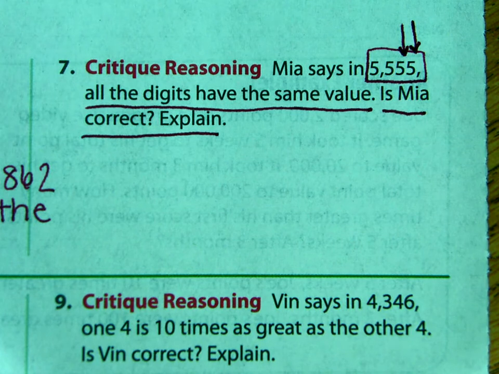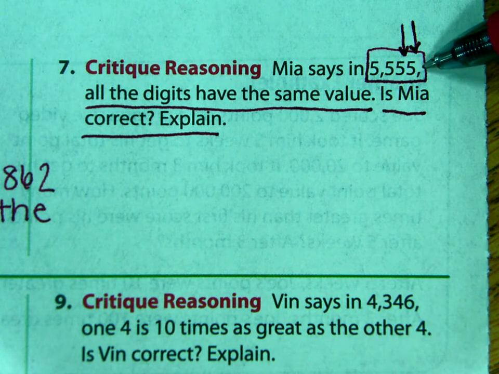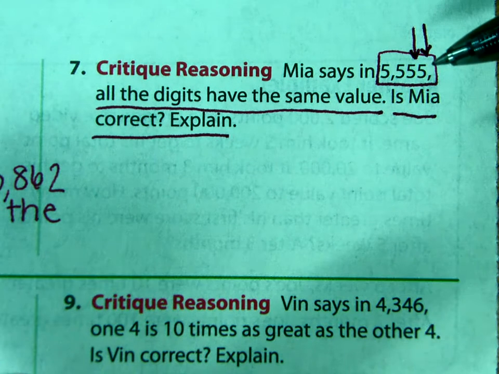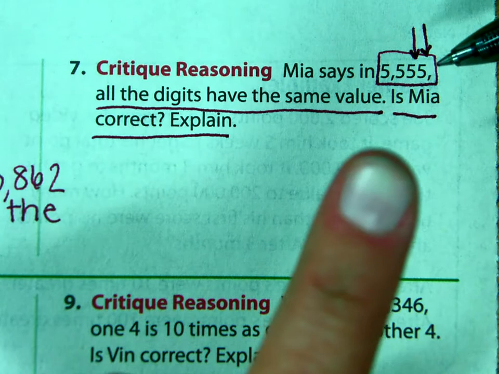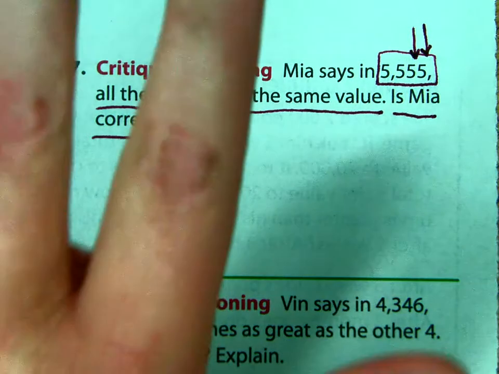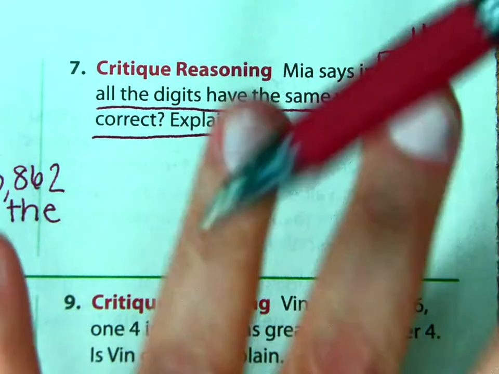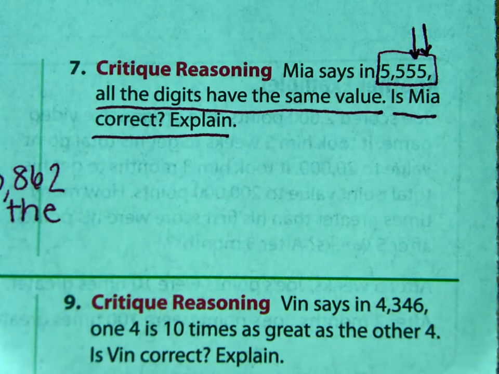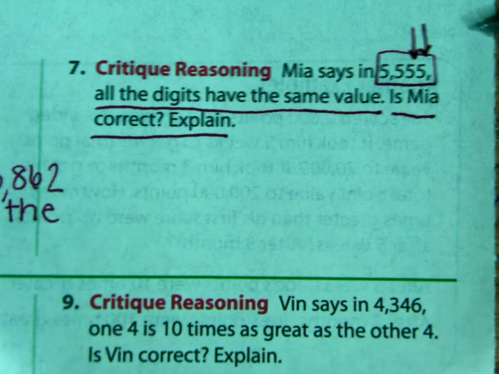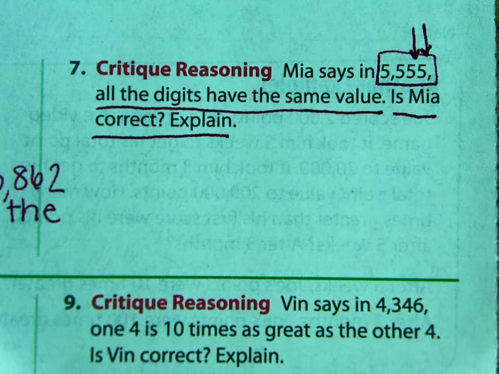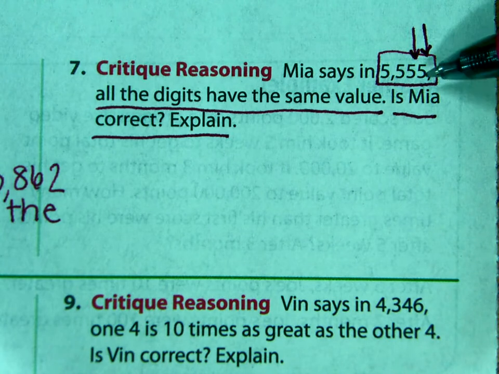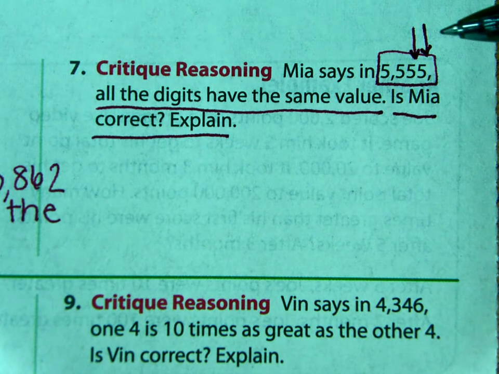No. I have $5. If you have 5 tens, that's like 10, 20, 30, 40, 50. Then you have $50. So we do not have the same amount. So how can I answer this question? Because I know they're all the same digits, but they're definitely not the same amount.